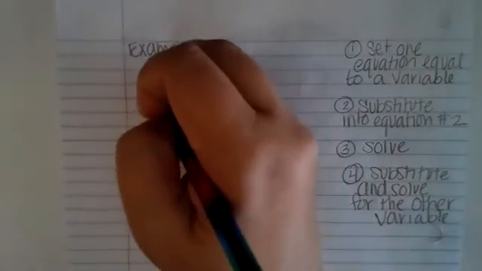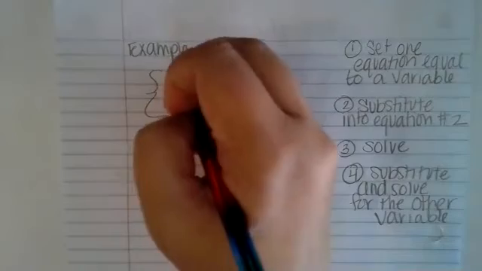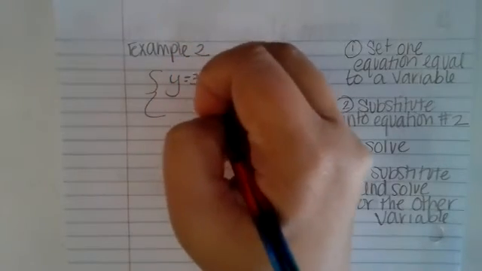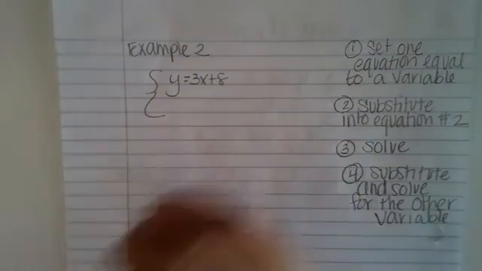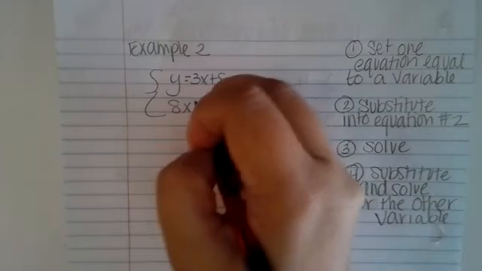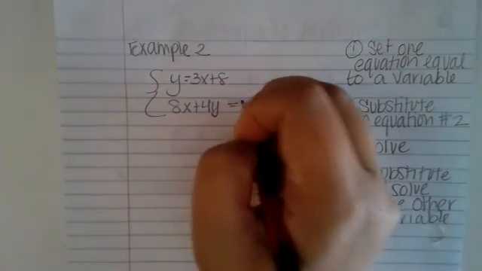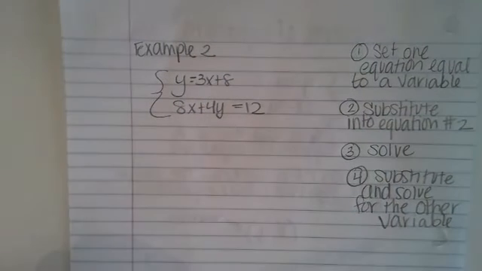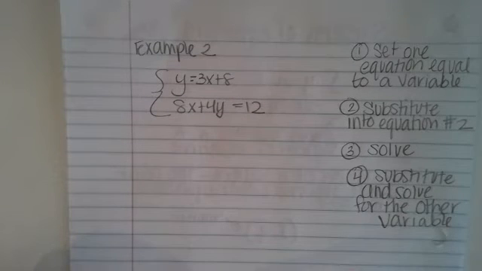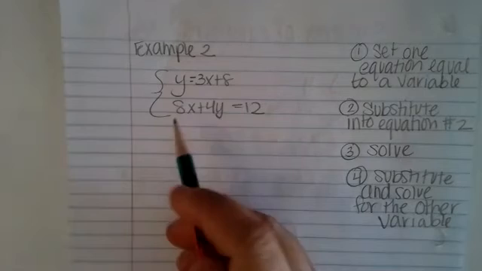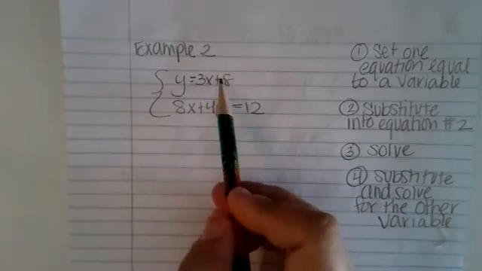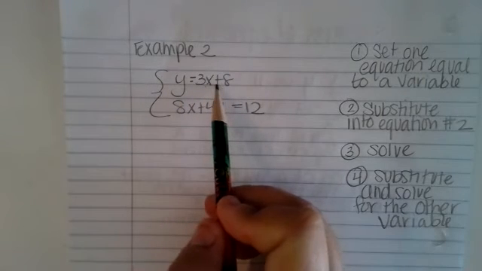So here's my system. I have y equals 3x plus 8, and I have 8x plus 4y equals 12. If step 1 is to set one of my equations equal to a variable, that would mean that I have an isolated variable on one side. Well, my first equation already has that, so I don't need to do that.